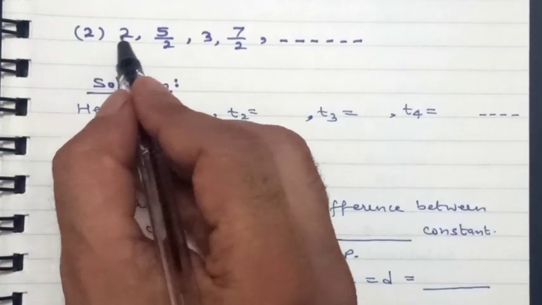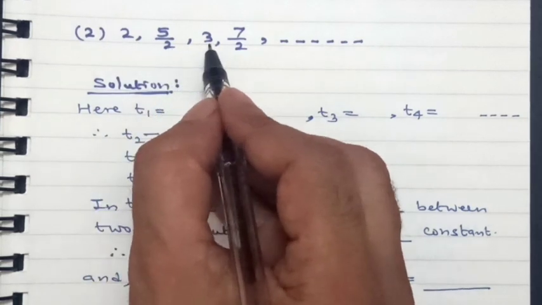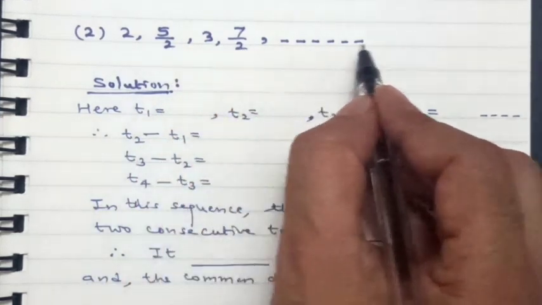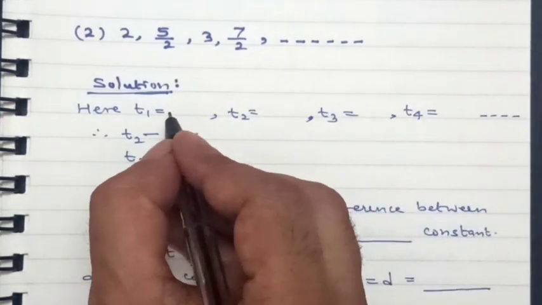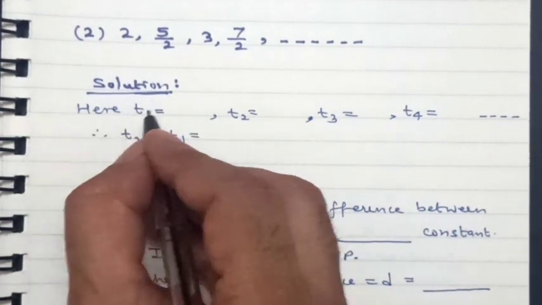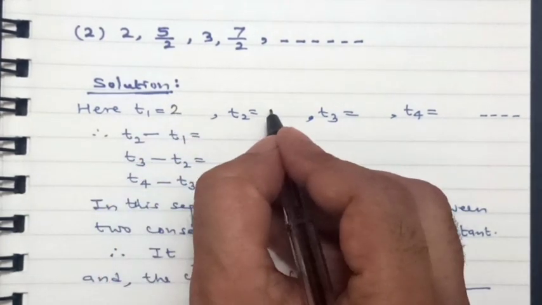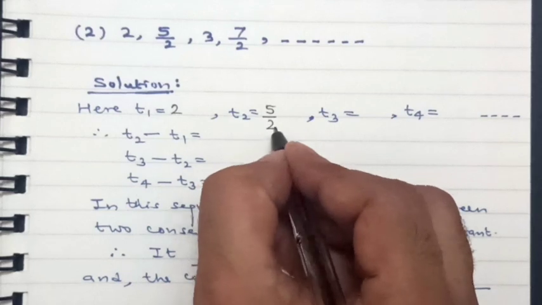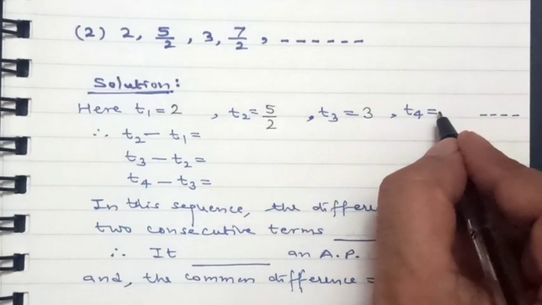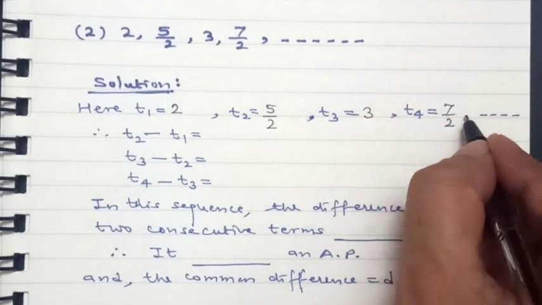Second question: 2, 5 by 2, 3, 7 by 2, and so on. Write solution. Here T1 is equal to 2, T2 is 5 by 2, T3 is 3, and T4 is 7 by 2, and so on.